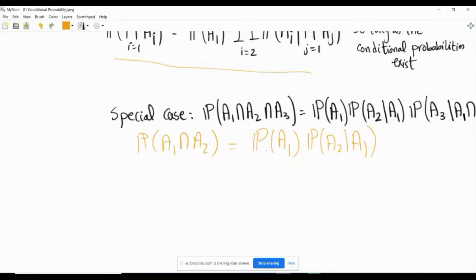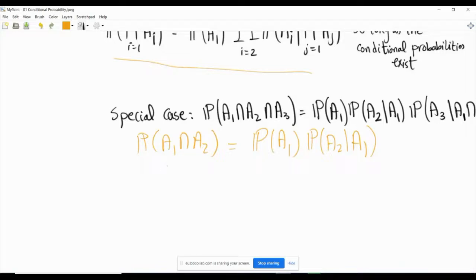Again, this is by the definition of the conditional probability. The probability of A2 given A1 is the probability of the intersection divided by the probability of A1, so long as it is not 0. So the probability of the intersection is the probability of A1 multiplied by the probability of A2 given A1.